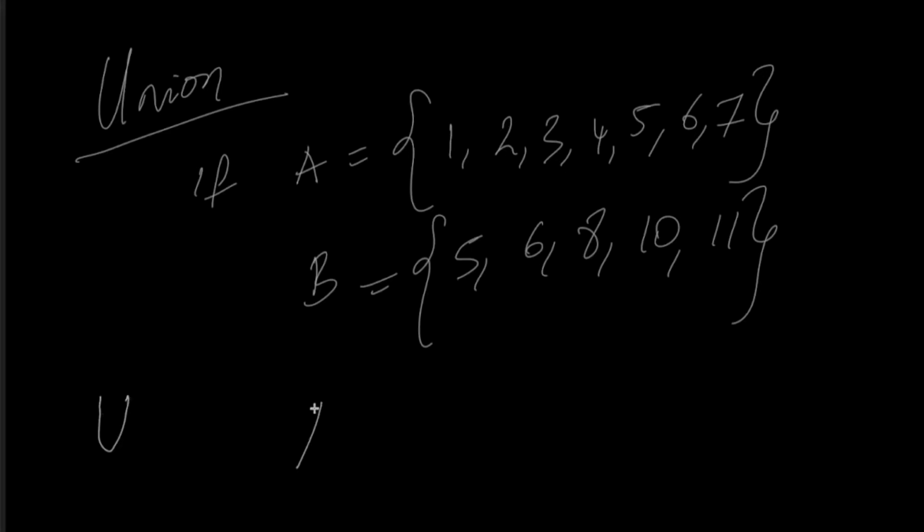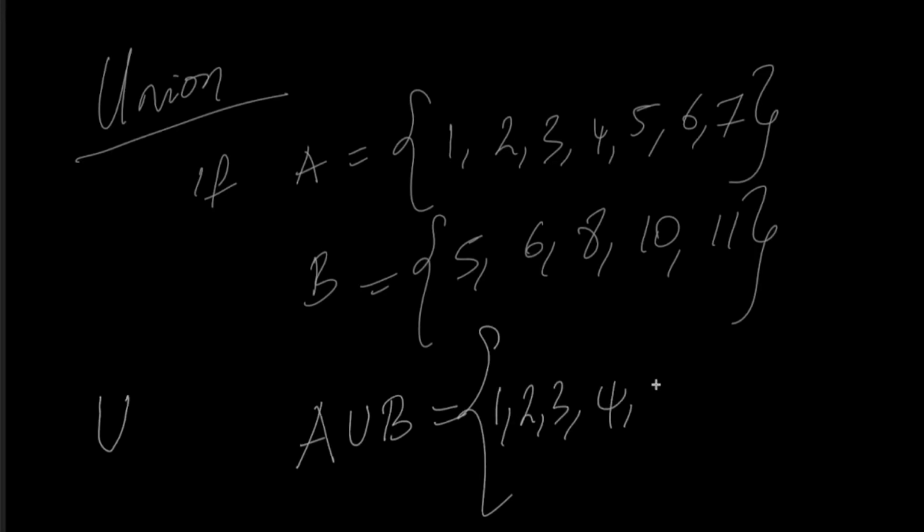If I say A union B, it means the elements in this set and the elements in this set, and there shouldn't be any repetition. I write 1, 2, 3, 4, 5, 6, 7 for this. Now I want to write 5 again? No, 5 is already here. 6?